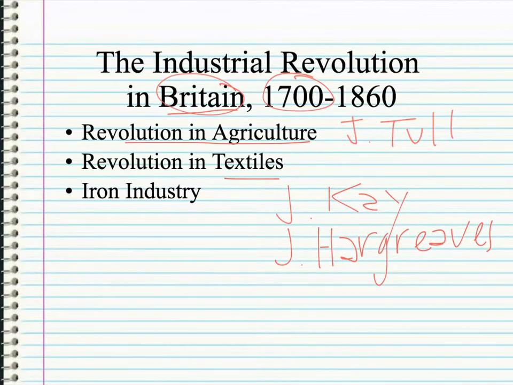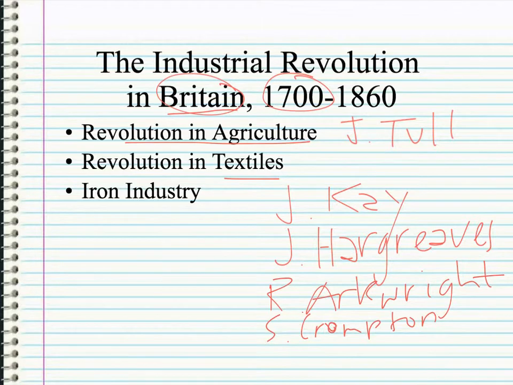Another important invention was the water frame, invented by Richard Arkwright. And this machine was powered by water and could run continuously and would spin several cotton strands at one time. Also, the spinning mule, invented by Samuel Crompton. Samuel Crompton combined the spinning jenny and the water frame for higher quality cloth.